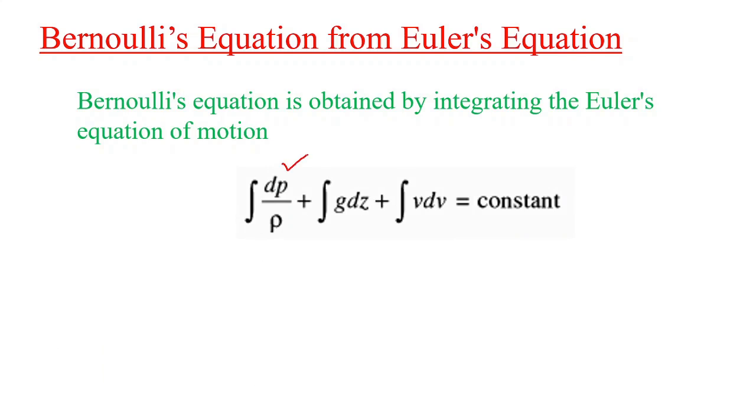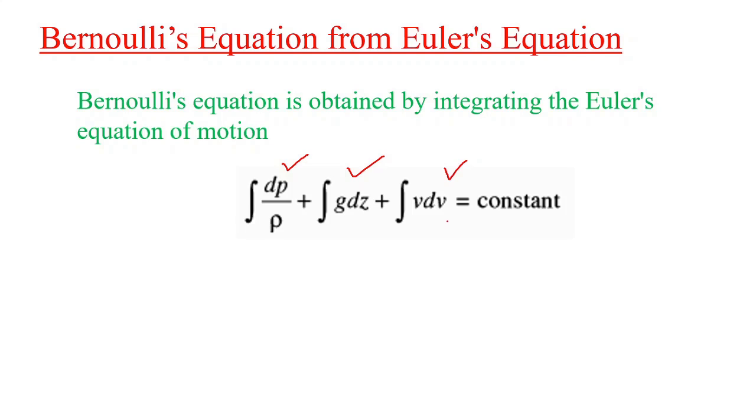So how will we obtain Bernoulli's equation? Just by integrating it. If we integrate each term of Euler's equation, we obtain Bernoulli's equation. So what is that? Integration of dp by rho plus integration of g dz plus integration of v dv is equal to constant.